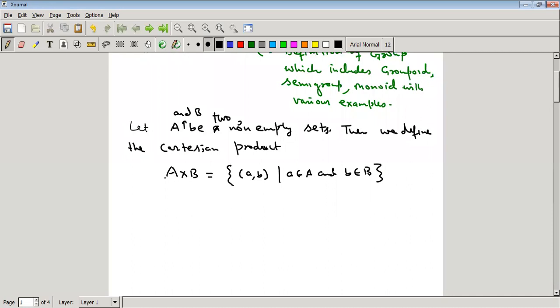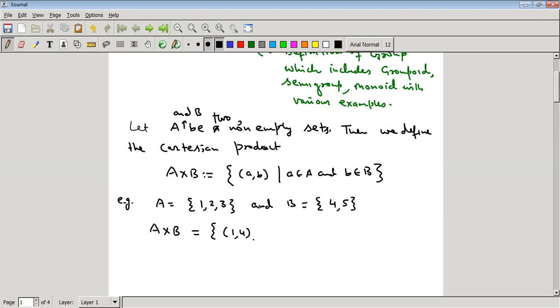So, for example, if we take A to be {1, 2, 3} and B is {4, 5}, then A cross B contains elements in the form of ordered pairs: (1, 4), (1, 5), (2, 4), (2, 5), (3, 4), and (3, 5).